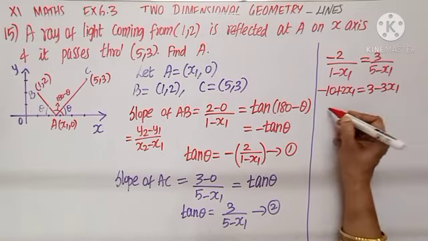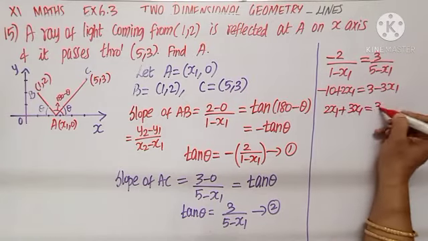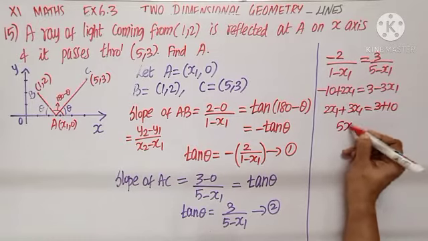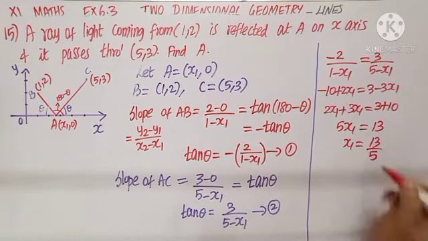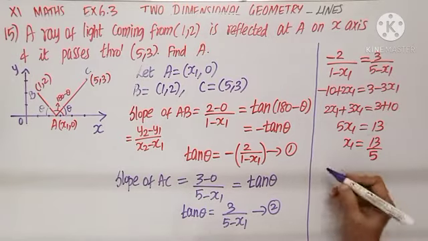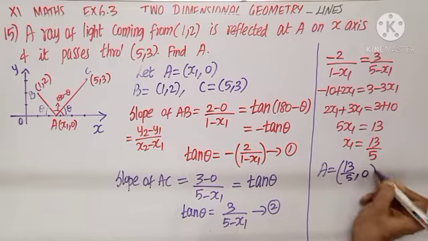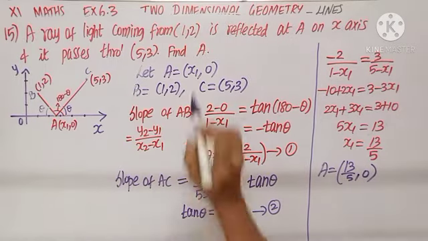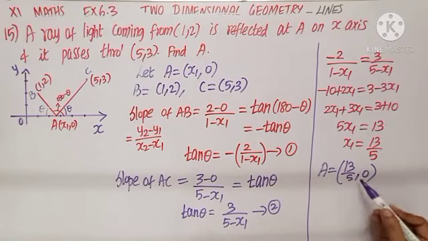Bringing 3x1 to the left and minus 10 to the right, I get 5x1 is 13, or x1 is 13 by 5, and therefore A equals (13/5, 0). The question is to find the coordinates of A, and A coordinates are (13/5, 0).